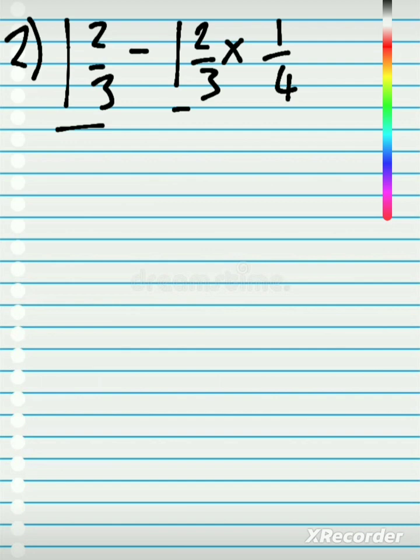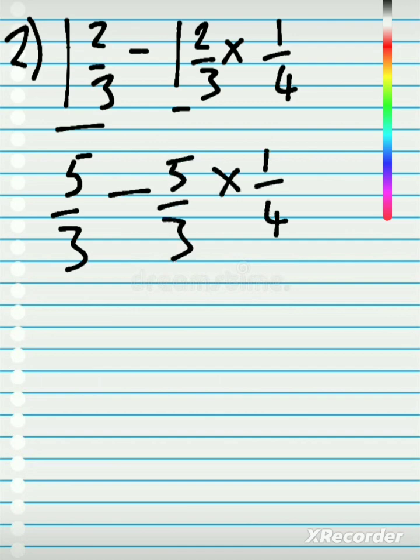So 3 times 1 is 3, plus 2 is 5 over 3, minus 5 over 3 times 1 over 4. Just like before, on BODMAS we start with times first. So it's going to be 5 over 3 minus 5 times 1 is 5, 3 times 4 is 12.